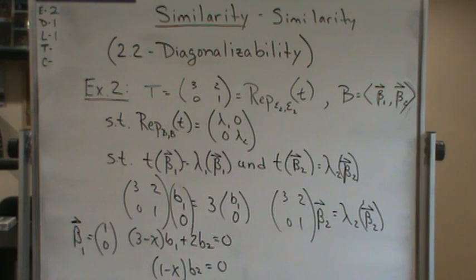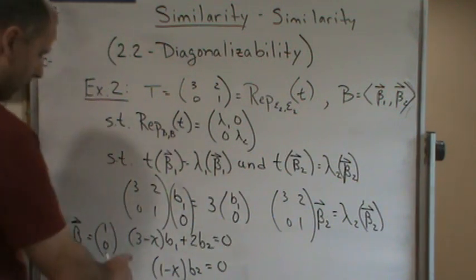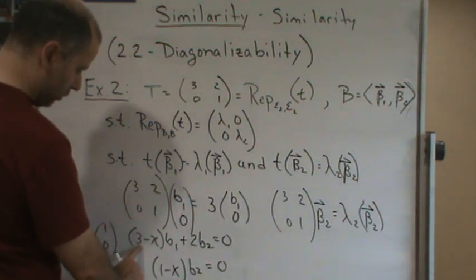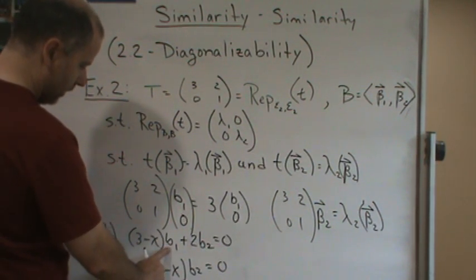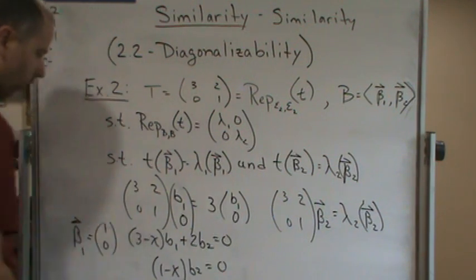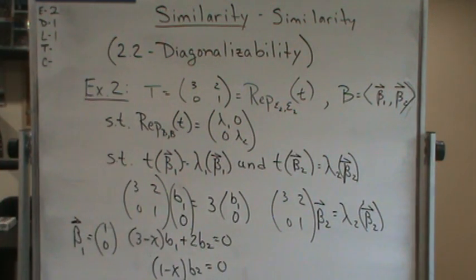And then the first equation is going to be 2 times b1 plus 2 times b2, or excuse me, x equals 1. So the other case is they have x equal to 1, which means this equation on the top goes to 2 minus 1, which becomes 2 times b1 plus b2 is equal to 0. Okay? So what happens in that case?